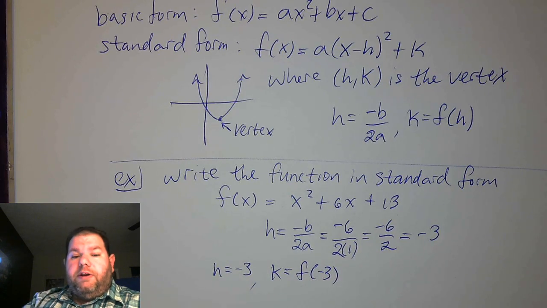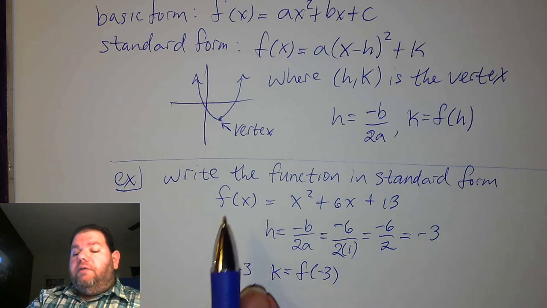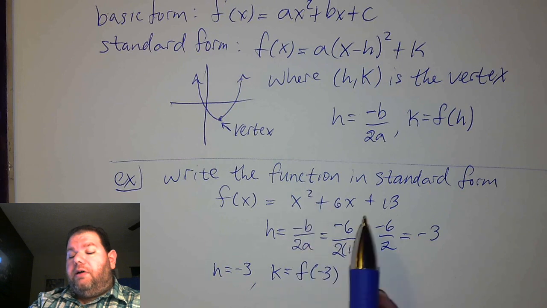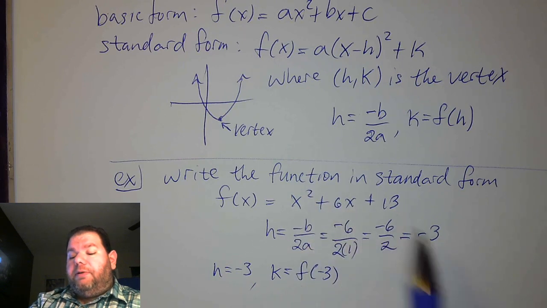Now, we take that negative 3 that we got for h and we plug it back into the function for x. X is negative 3, so we do negative 3 squared plus 6 times negative 3 plus 13.